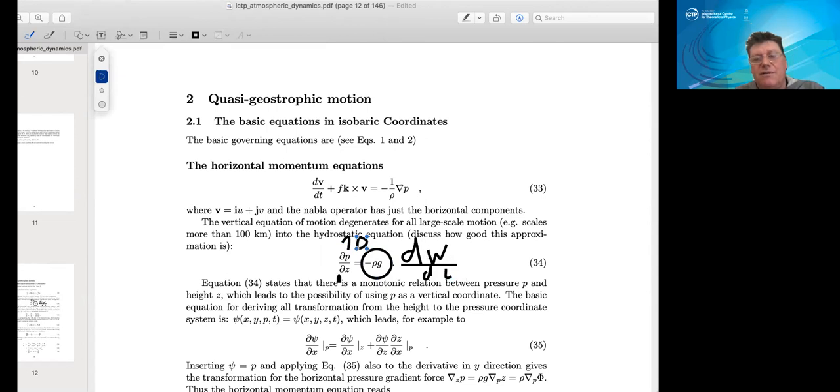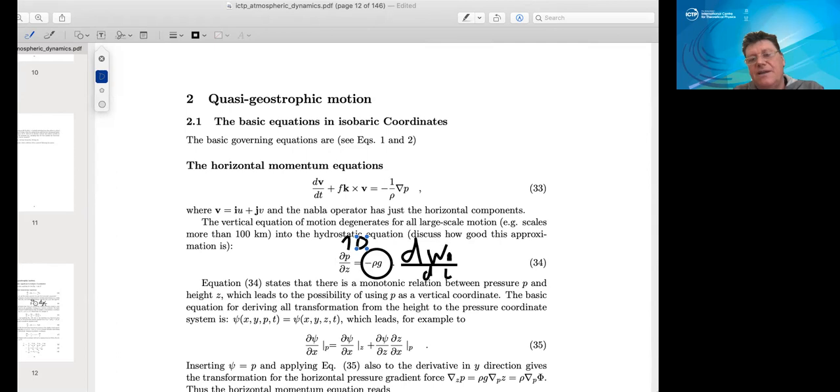Then by definition, the pressure change with height, if it has to balance this, has to be of the same order. You can easily work this out: how quickly the pressure changes with height will exactly balance this here. But what about the acceleration term, this vertical acceleration term, dw by dt?